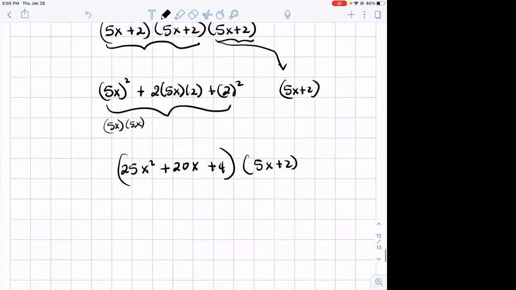So now if you multiply the 5x times every single thing in here, what do we get? 5x times 25x squared is 125x cubed. 5x times the 20x becomes plus 100x squared, and 5x times 4 becomes plus 20x.